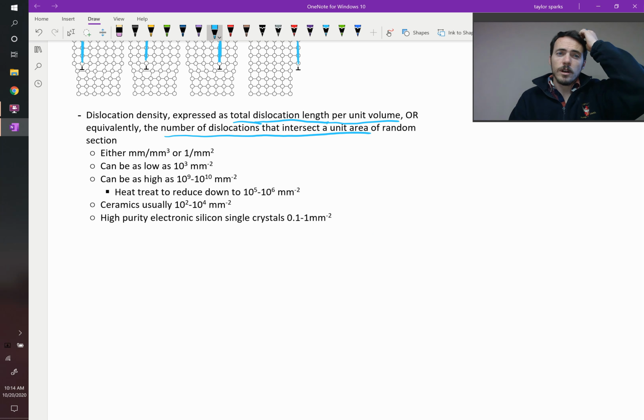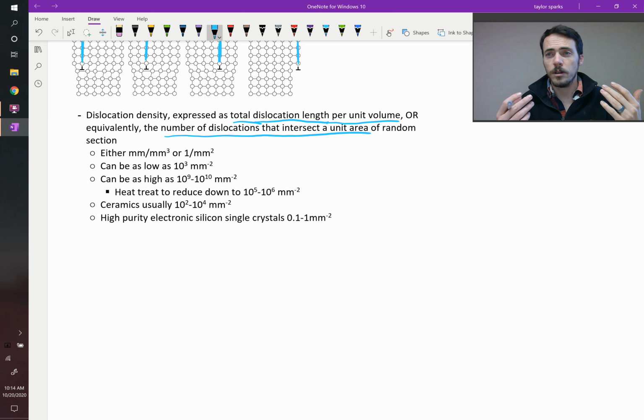Okay, so therefore you can either do millimeters per millimeter cubed, that would be distance per volume, or you can just do number per area squared. Same difference, right? Now, in a really pure material where you've gotten rid of the dislocations, it could be as low as 1,000 of these per square millimeter, right? Still quite a lot, right? In a square millimeter, you still have 1,000 dislocations, and that's on the low end.